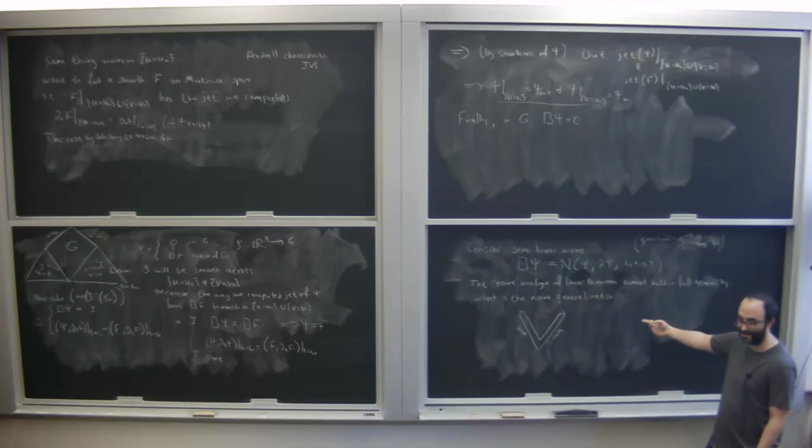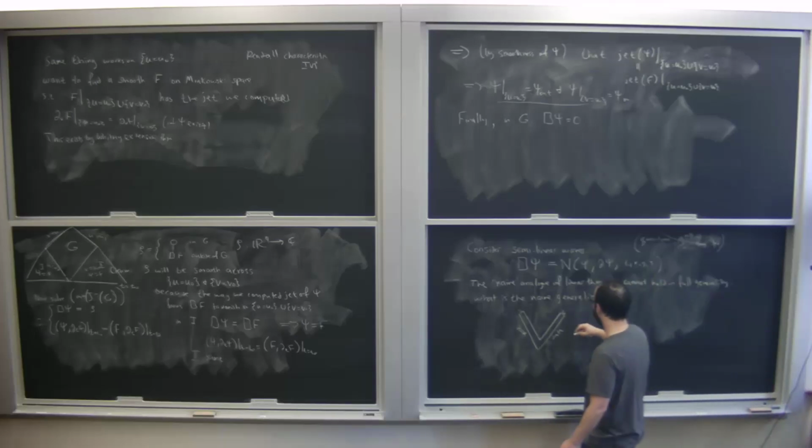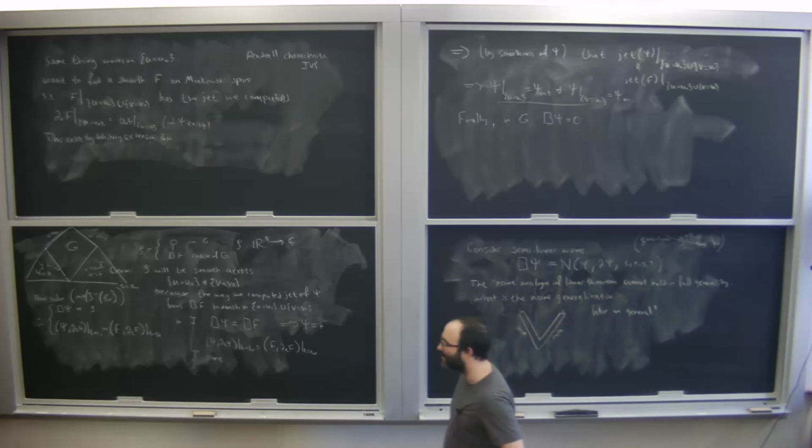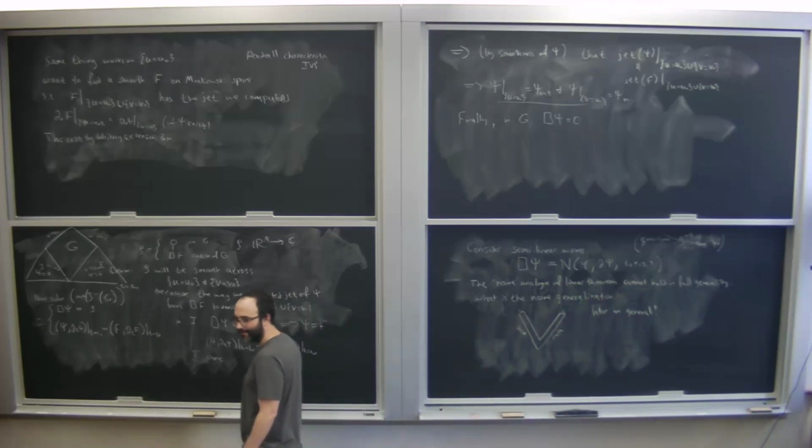That this is false in general. So this is not true. So this is false in general. And you can see that it's false already at the level of the jet computation.